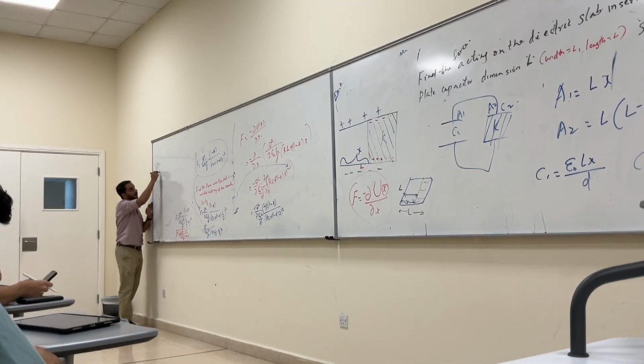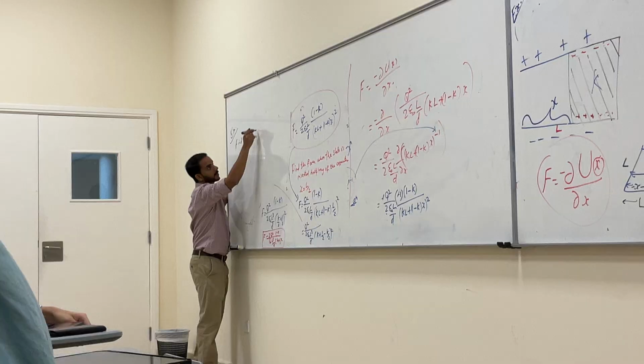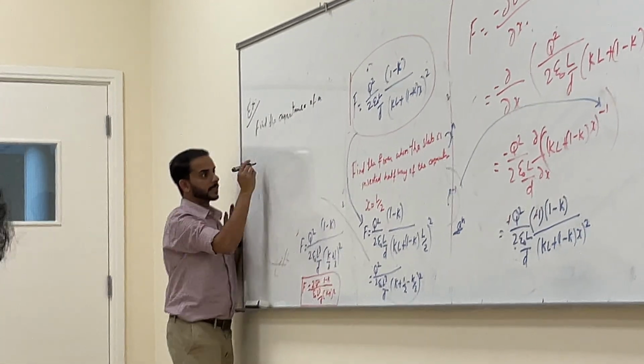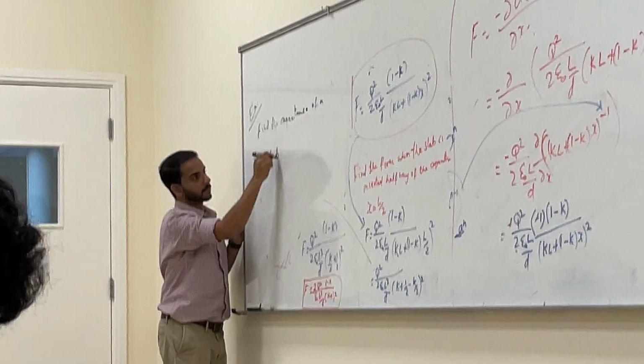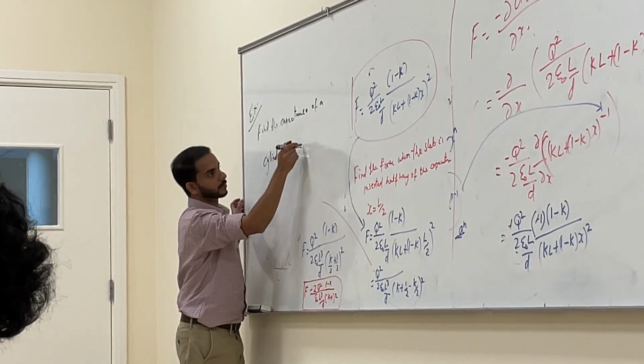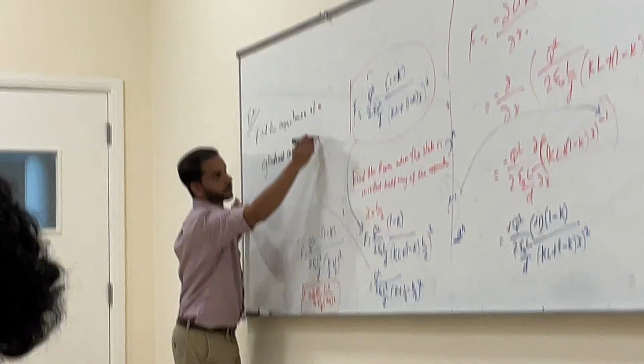Now, I have a question. Find the capacitance of a cylindrical capacitor as shown below.